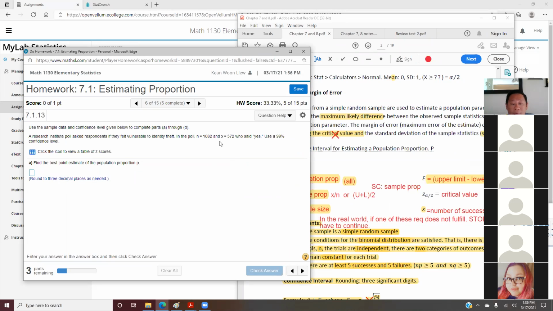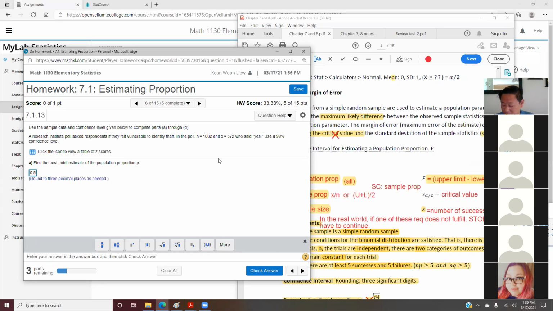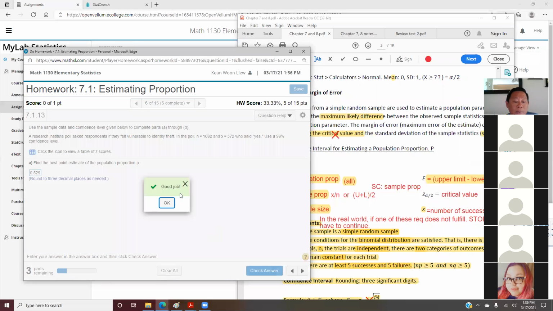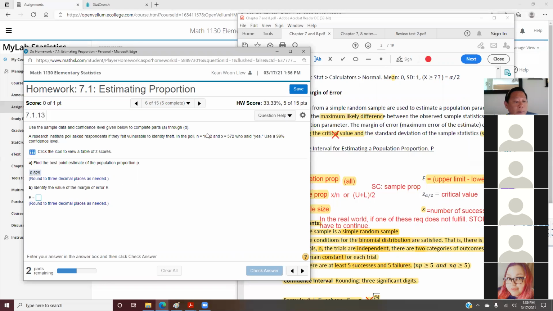So go ahead and find the best point estimate here. Take this number divided by that number. 0.528. Oh wait, it'll be 9. Okay, make sure you know how to round. So this is how you find your best point estimate: you take this divided by this.